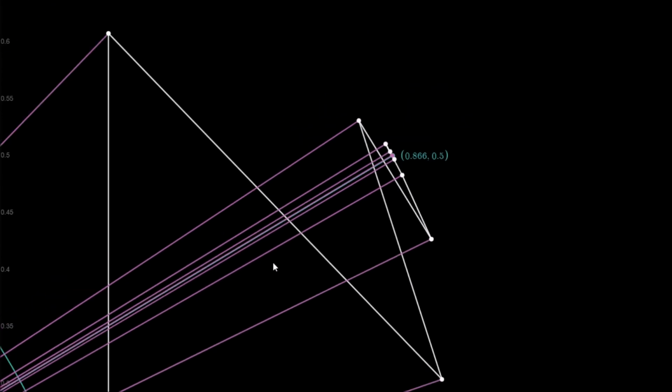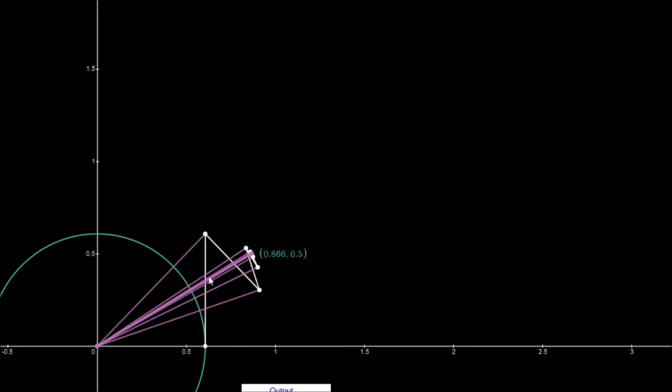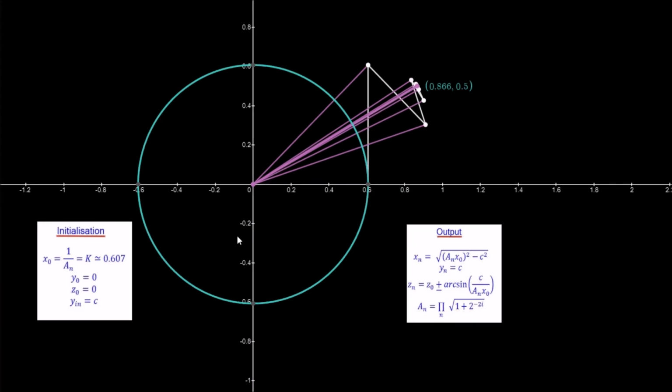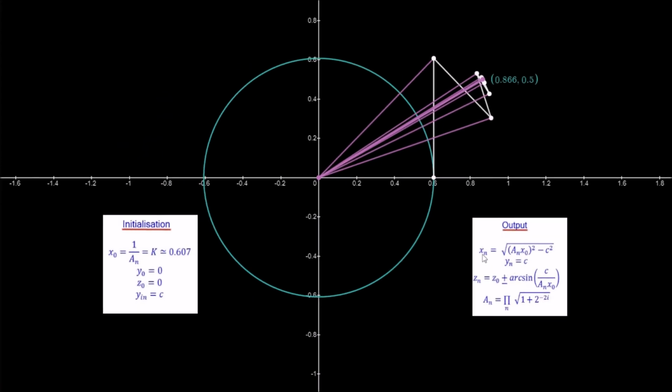Now you can see that in order to get the value for our output here, which is xn, that's this distance here. Well, this distance here in effect is just going to be the value of our hypotenuse squared minus the y value squared is going to give us the x value squared. So it's just the Pythagoras.